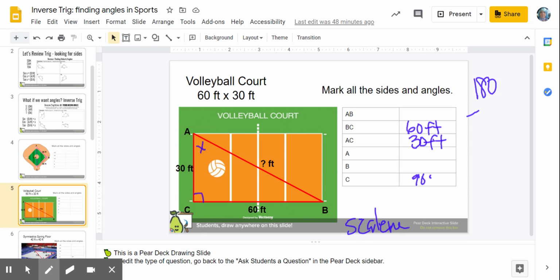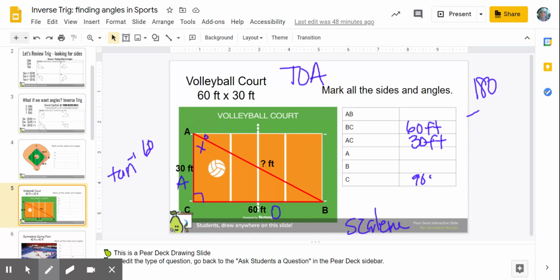We can use tangent. So this is the O and this is the A. Do we want to use tangent or inverse tangent if we're looking for the angle? That little -1, right? So we're looking for the degree, so we got to use the inverse tangent. And then is it 60 over 30 or 30 over 60? TOA. OA.